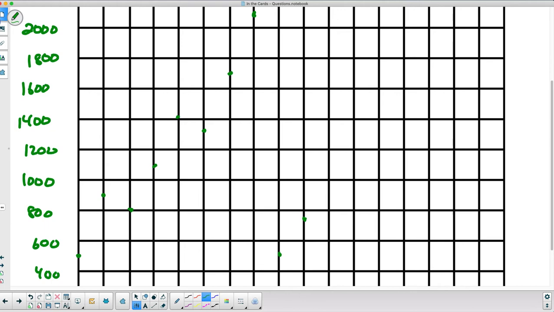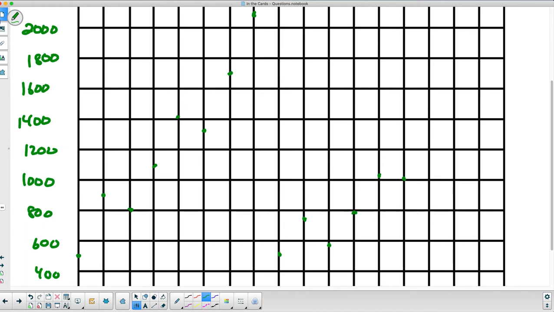And 578. I backed down this way. 786, which puts me just below 800. And then 1210, or was it 1012? Right on top of that, there we go. 1,000, right on the money.